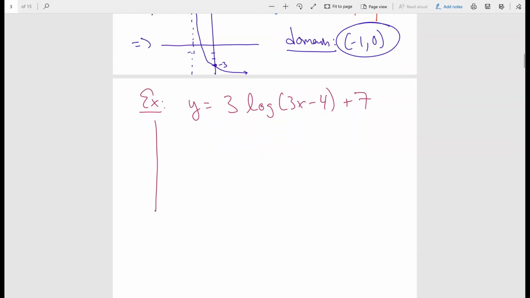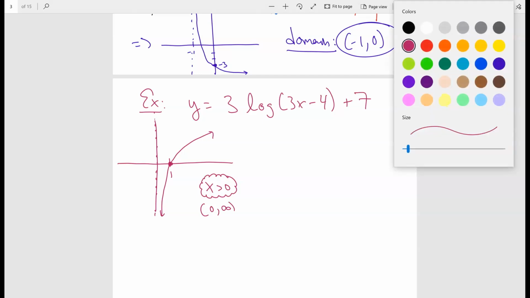If you just think about what the log looks like in general, so the parent function looks like this. If I were to just draw it as an inequality, it's all x values that are greater than 0. That's basically the domain. Okay, so whenever I say 0 to infinity, it's just saying all the x values that are greater than 0.